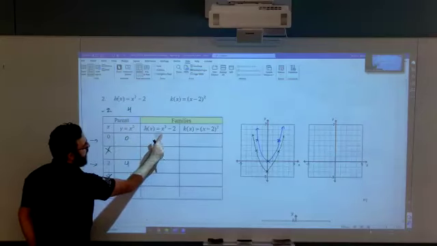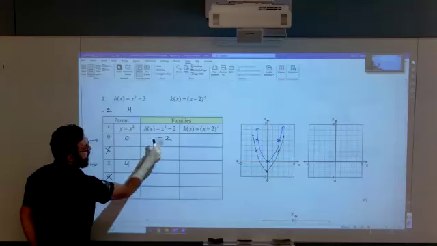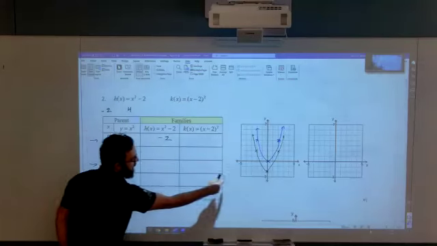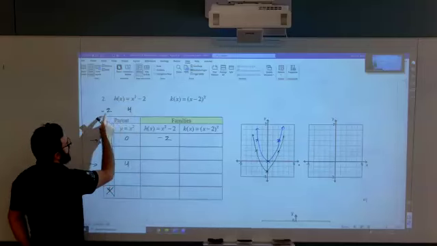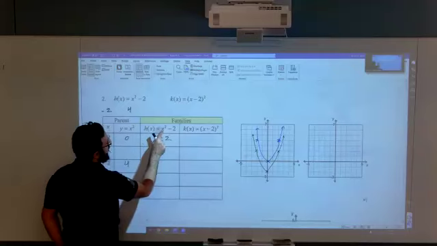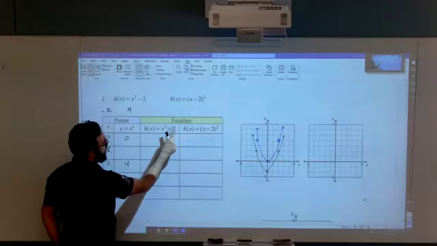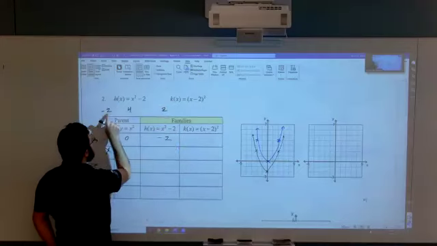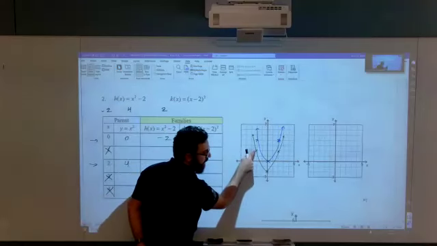If you plug in 0 here, 0 minus 2 is going to be -2. So 0, -2, is that the same point here? Now 4, -2, plug in here: -2 squared is 4, minus 2 is 2.